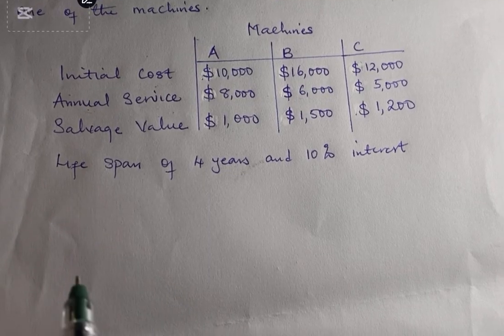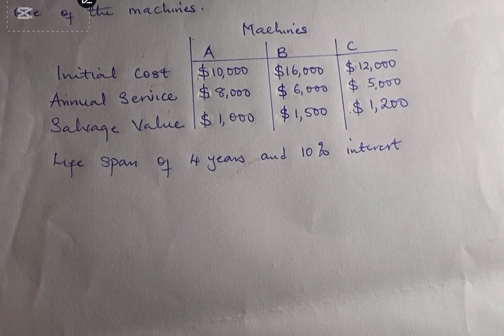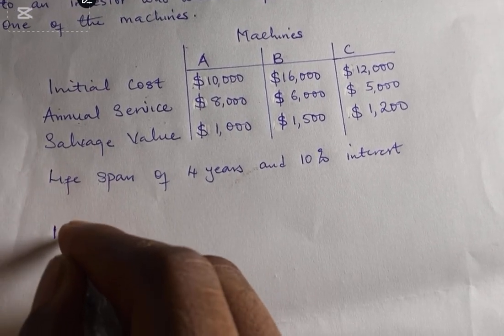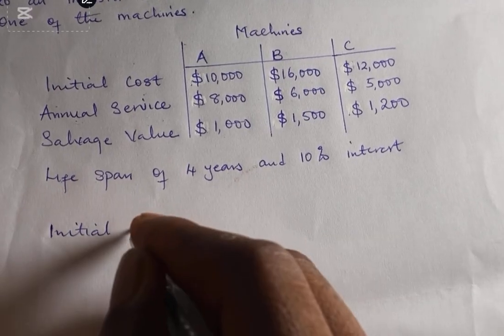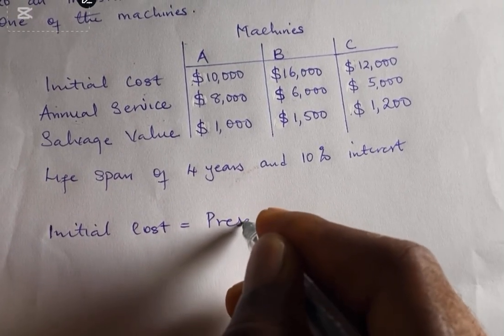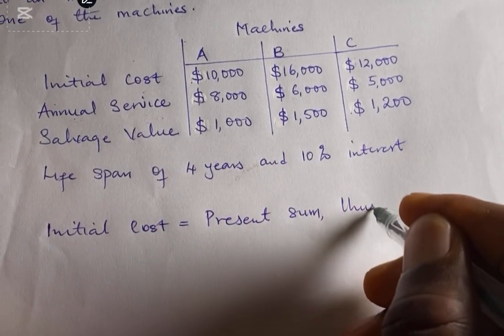Initial cost will not require a conversion because it is a present amount. That is what it will cost you to start the project. So initial cost, present sum, thus no conversion.